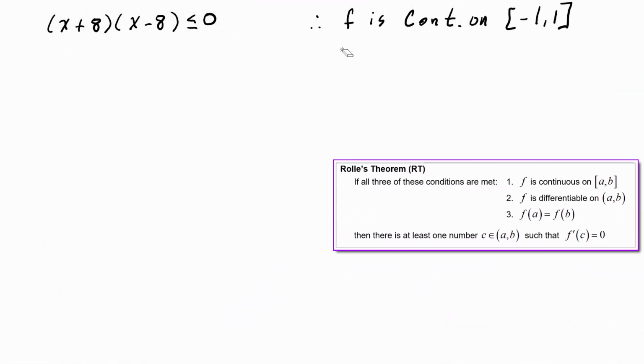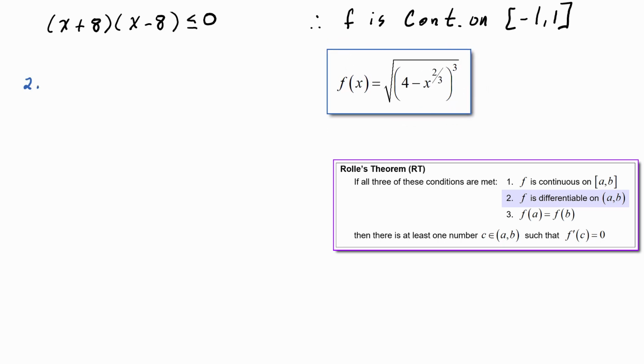Now that we know f is continuous on the closed interval from -1 to 1, we can move on to step 2, where we have to decide if f is differentiable on the open interval from -1 to 1. Now, f was given to us as the square root of the quantity 4 minus x to the 2/3 raised to the third power.